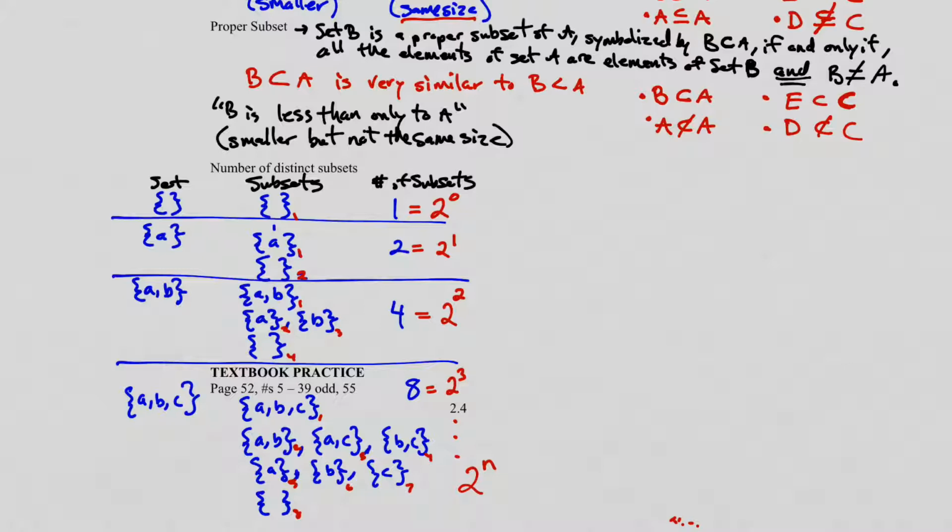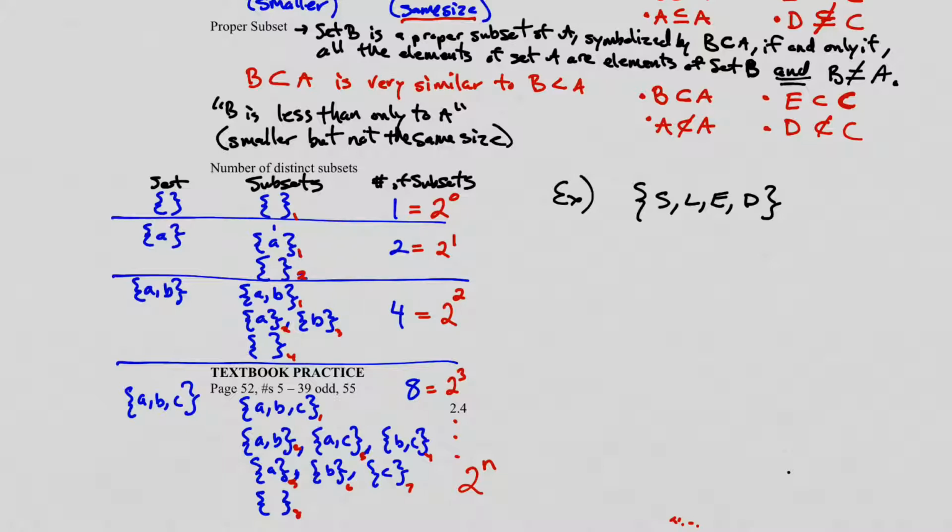So, let's see here. For example, how many distinct subsets are there in the set S, L, E, D? Okay.